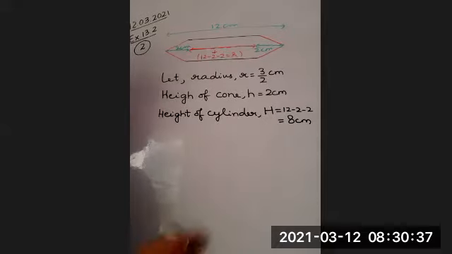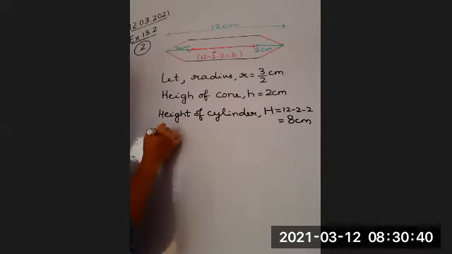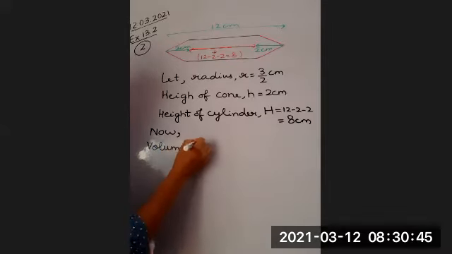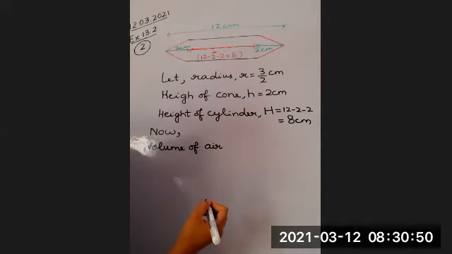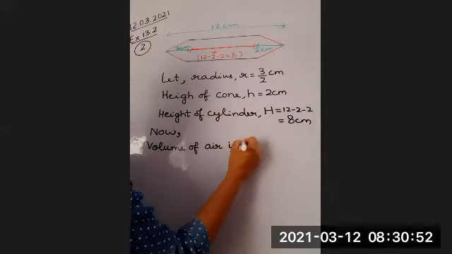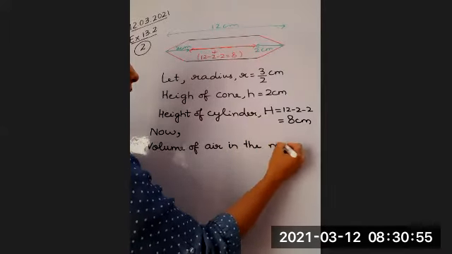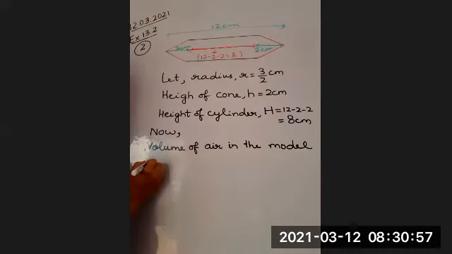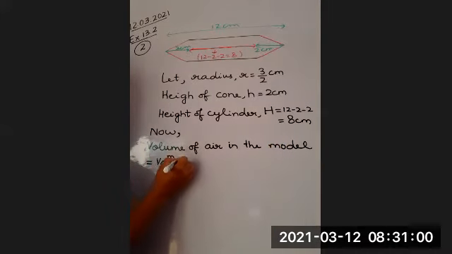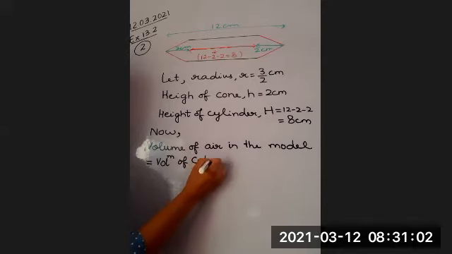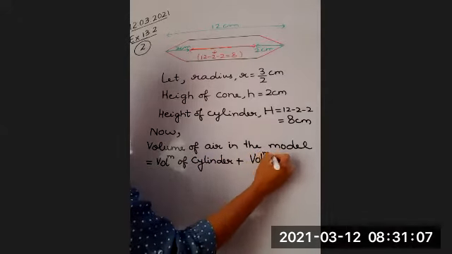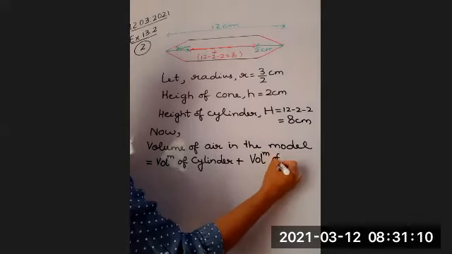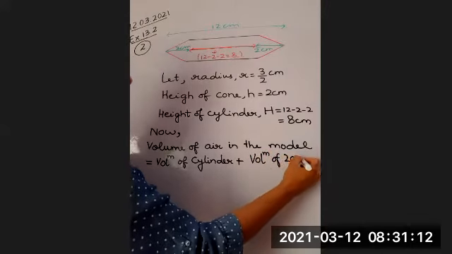So now we are left with the volume of air in the model, which is equal to the volume of cylinder plus volume of two cones.